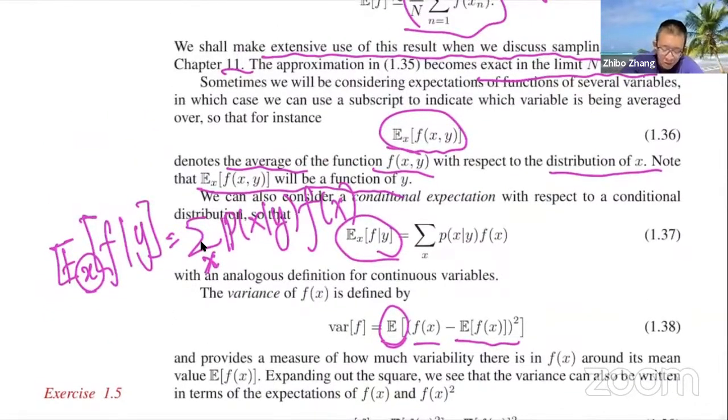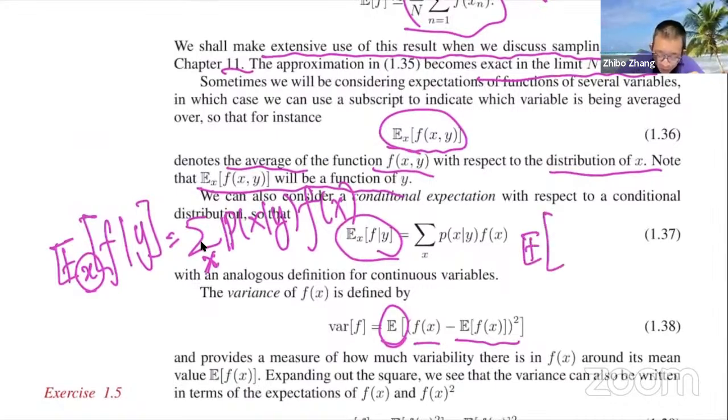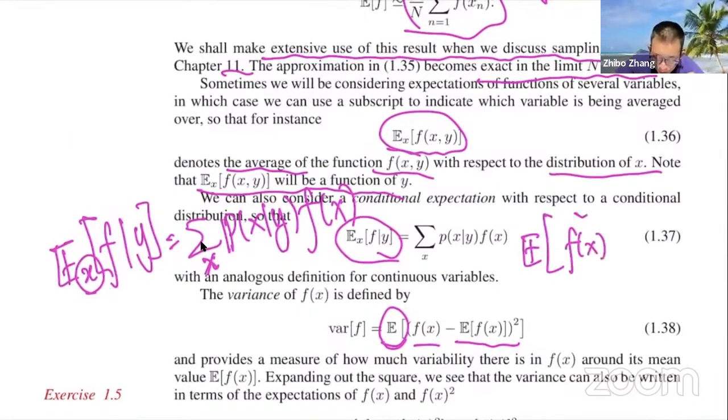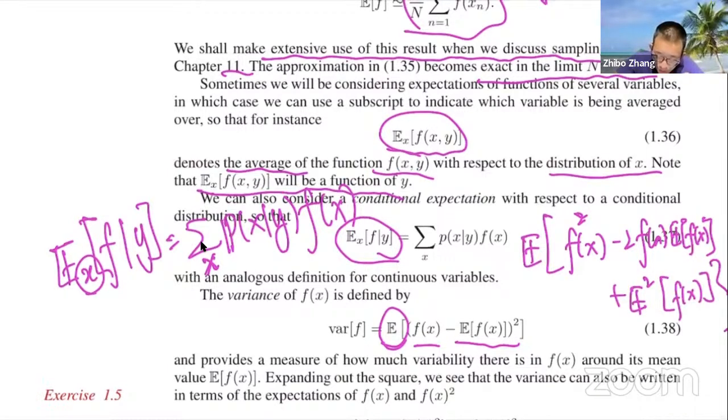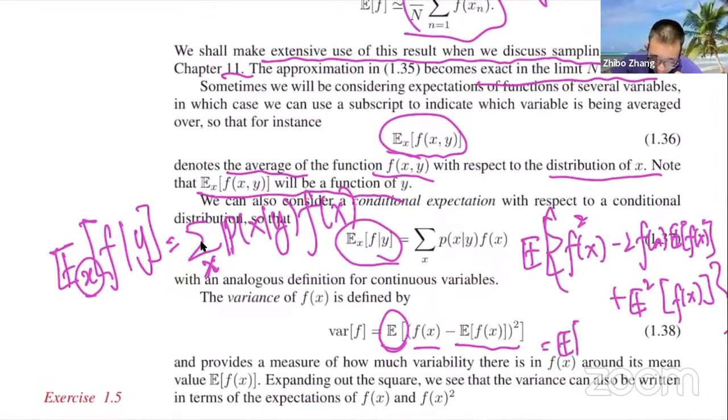It's going to be the expectation of f(x) squared minus 2 f(x) times the expectation of f(x) plus the square of the expectation of f(x), in curly braces, and it's going to be f(x) squared minus, okay?